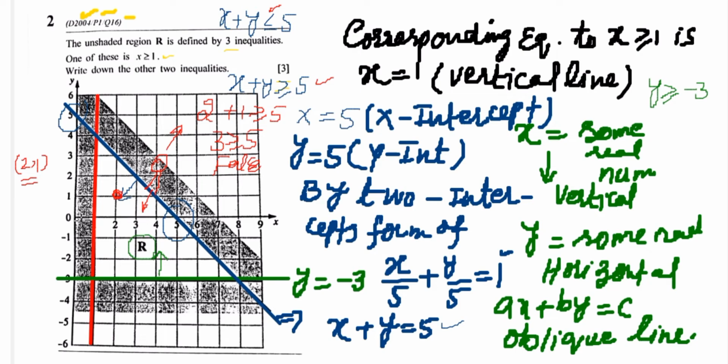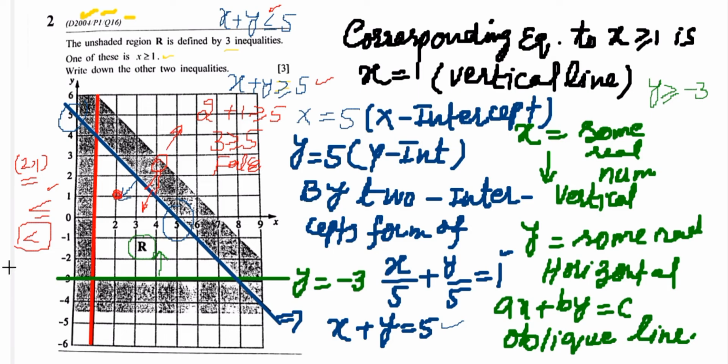So for the below side, you will always use less than or equal, or simply less than sign. It depends on the line. If your line is dotted, then you will simply choose the less than sign. If your line is solid, then you will use the less than or equal sign here. So this is the correct way to find the inequalities.